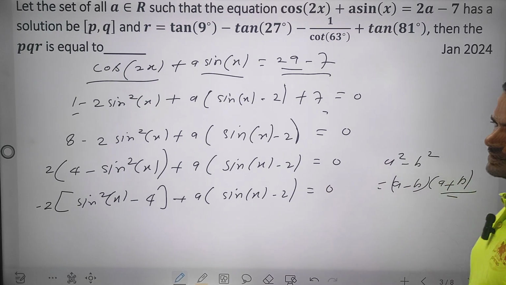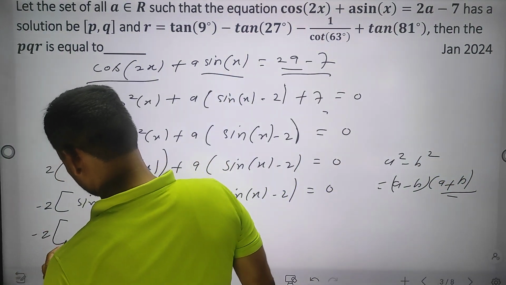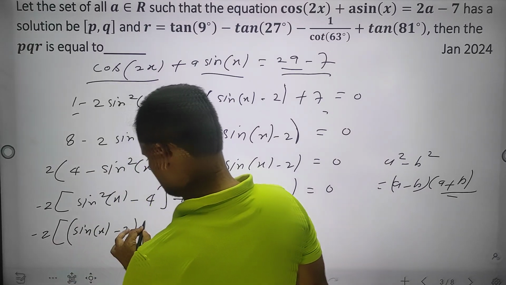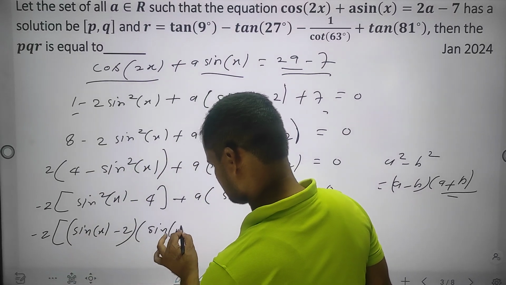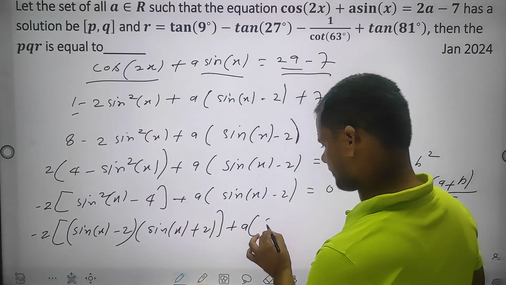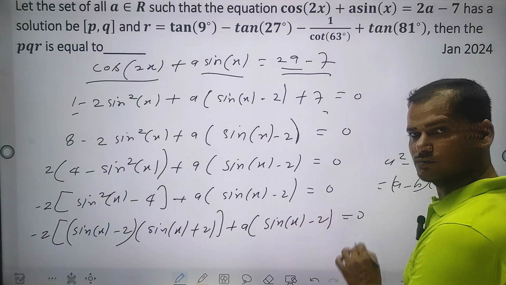Using this formula in this equation, this will be equal to minus 2 into (sin x minus 2) into (sin x plus 2) plus a into (sin x minus 2) equal to 0.